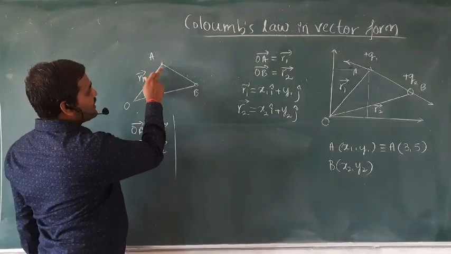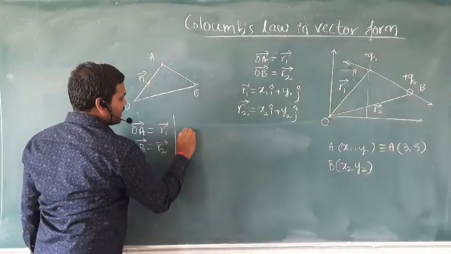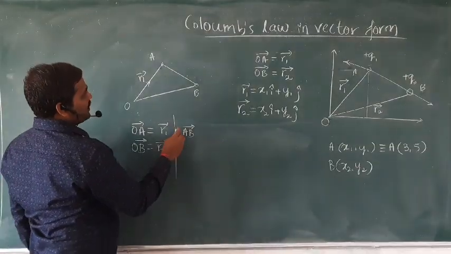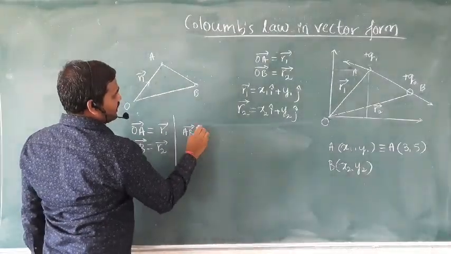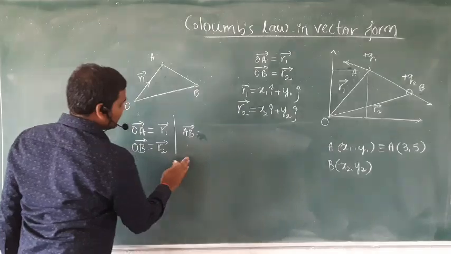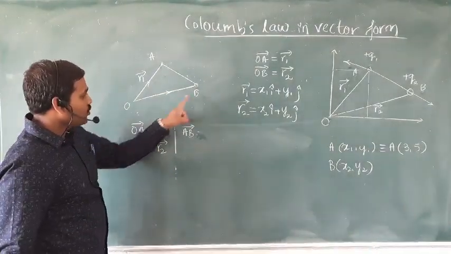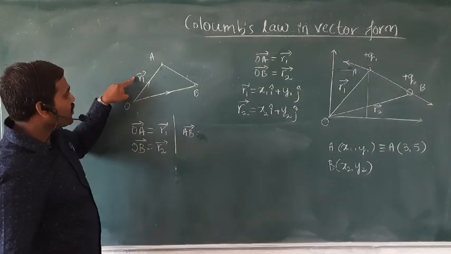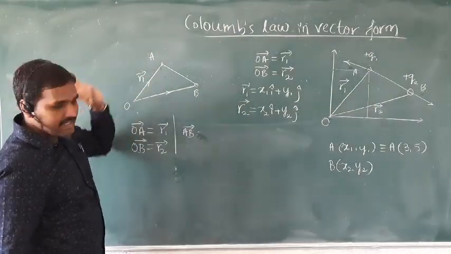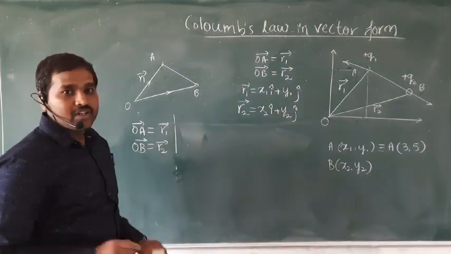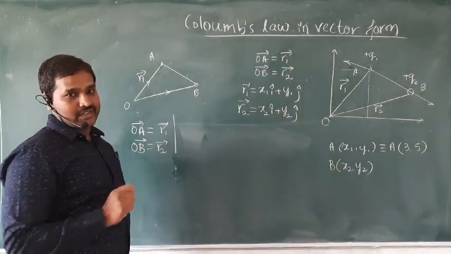Then if I consider vector A to B, we shall see here. The direction of R2 is from O to B. The direction of R1 is from O to A. In first year, we studied the triangular law of addition of vectors.